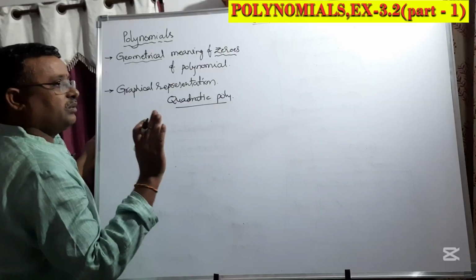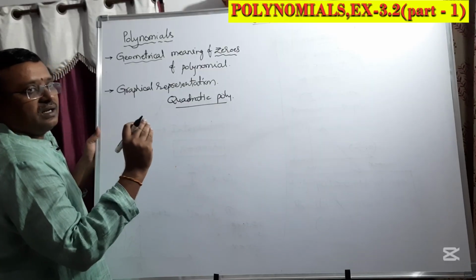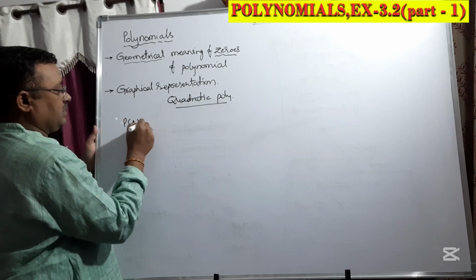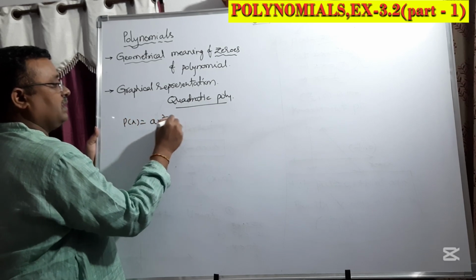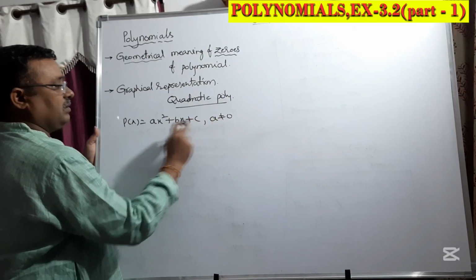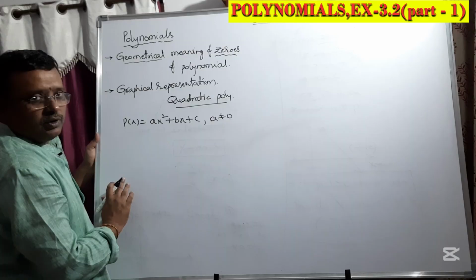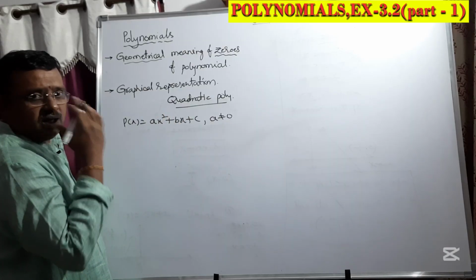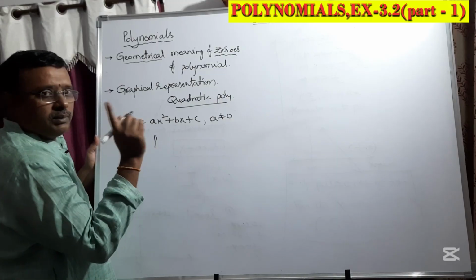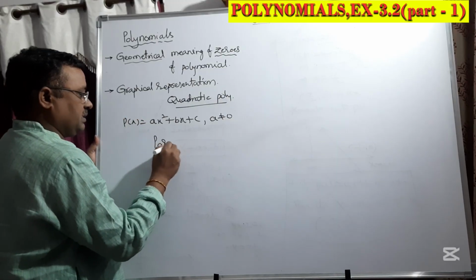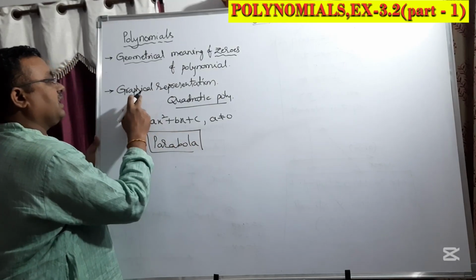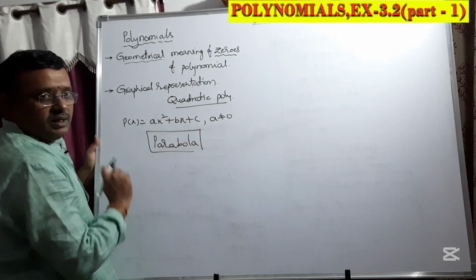What is the general expression of a quadratic polynomial? p of x equals ax square plus bx plus c, where a is not equal to 0. It always represents a quadratic polynomial, and a parabolic shape. Remember that one, important for bits. Its graphical representation is a parabola.